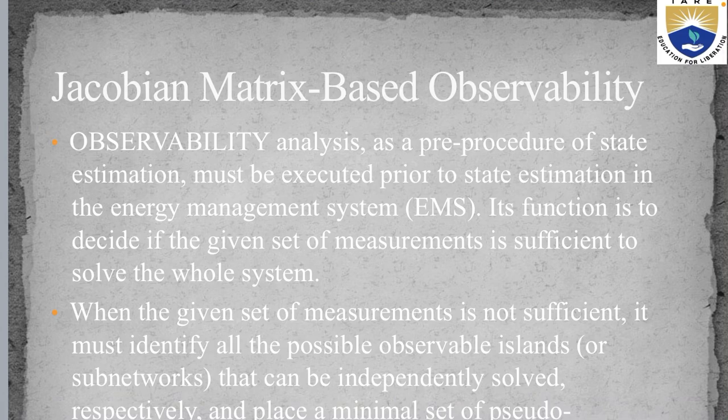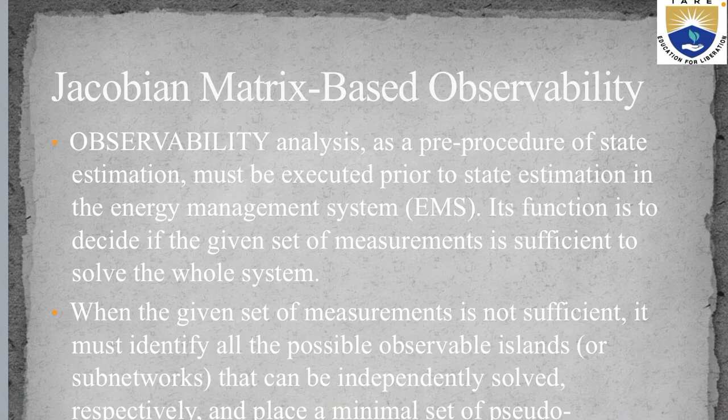Jacobian matrix based observability. Observability analysis, as a preprocedure of state estimation, must be executed prior to the state estimation in the energy management system, EMS. Its function is to decide if the given set of measurements is sufficient to solve the whole system.